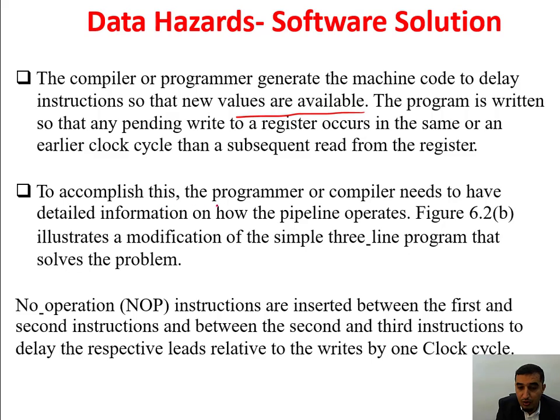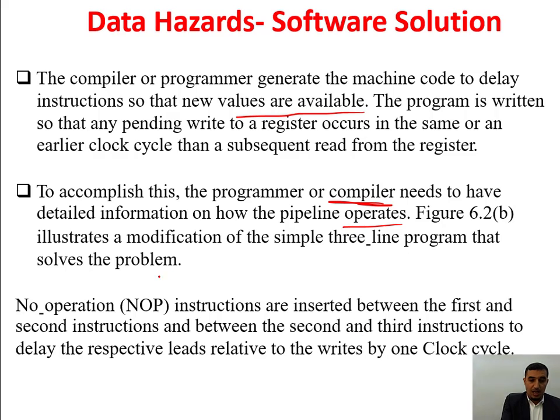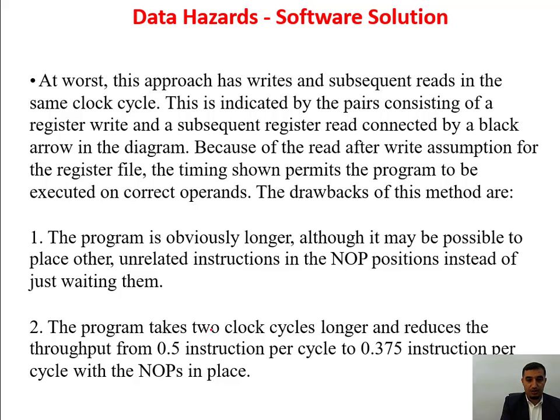To accomplish this, the programmer or compiler, usually now the compiler, needs to have detailed information on how the pipeline operates. Figure B illustrates the whole operation of having the NOP instructions. This is done as a software solution. We add the NOP instruction to our program.